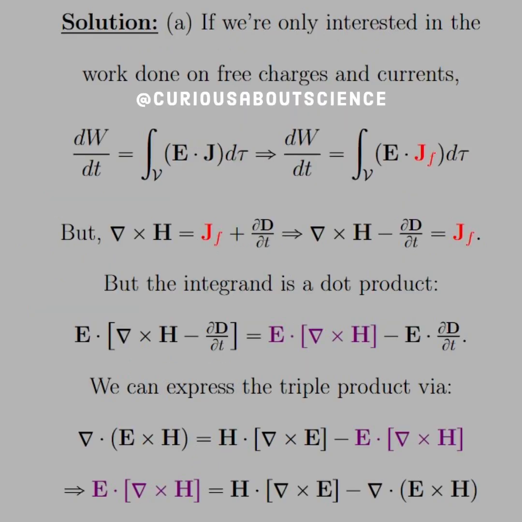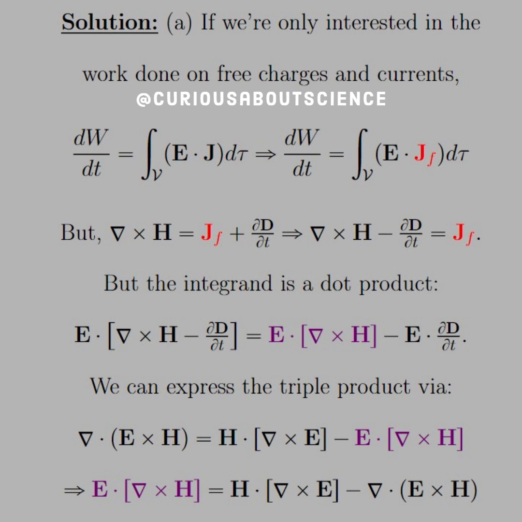Let's dive in. If we're only interested in the work done on the free charge and currents, dW/dt is equal to the volume integral of E dot J dτ. So we can substitute in J_f, and we notice that J_f occurs in Maxwell's equations for media, with the curl of H equal to J_f plus the time derivative of D. So we can solve this for J_f and substitute it in.